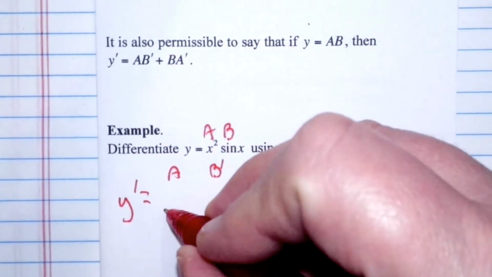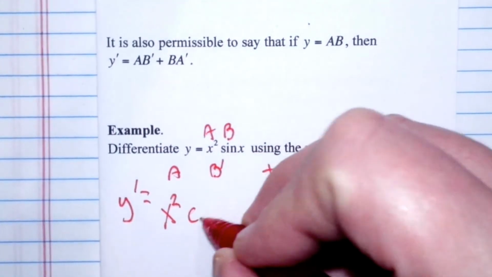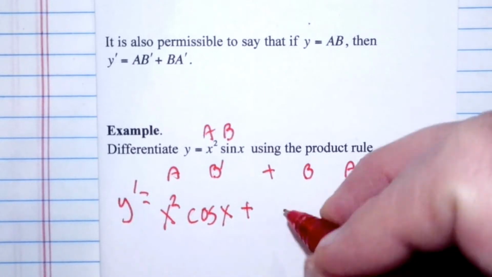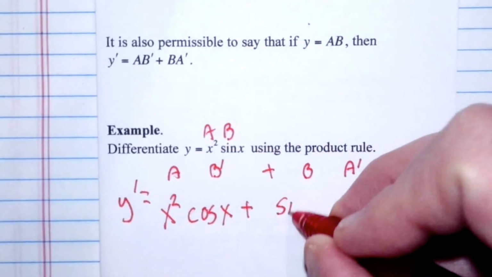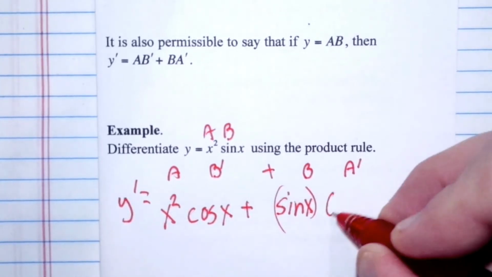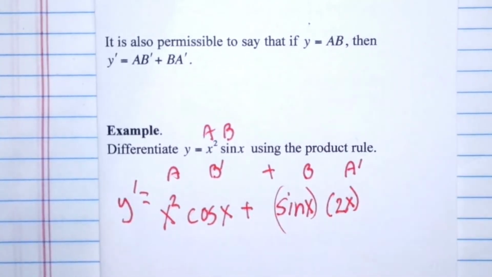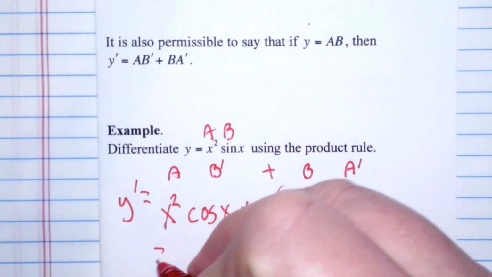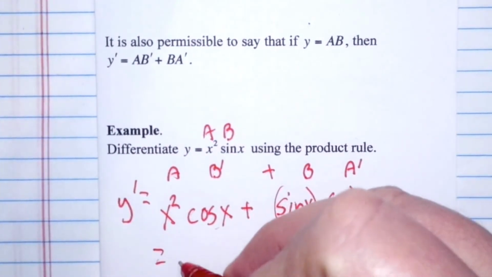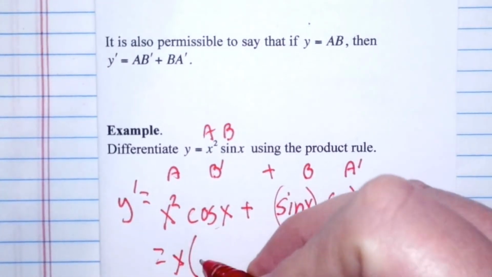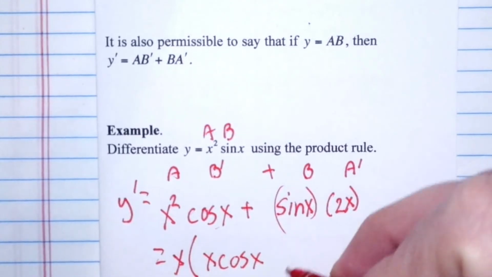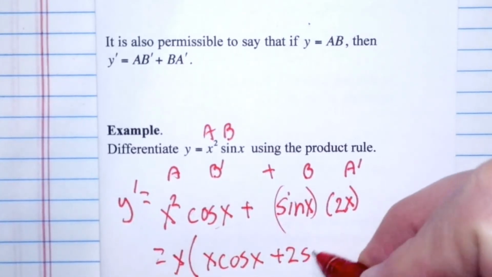And that's going to give us x squared times cosine x plus sine x times 2x. And I'm going to take out a common factor of x in these two terms, and that's going to leave us x cosine x plus 2 sine x.